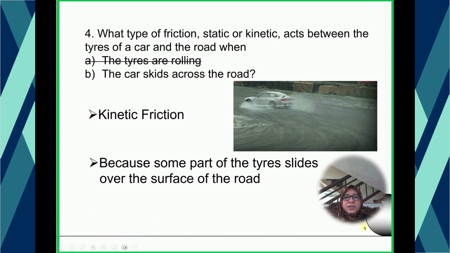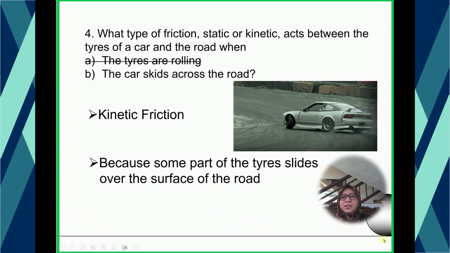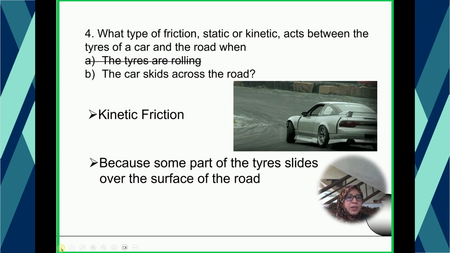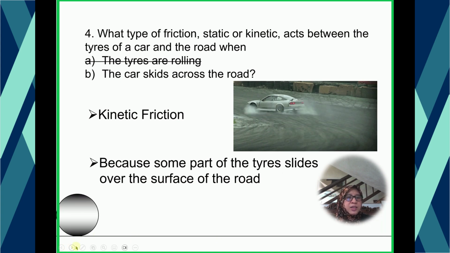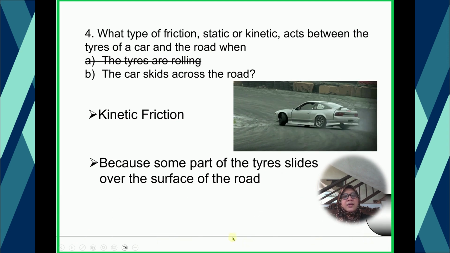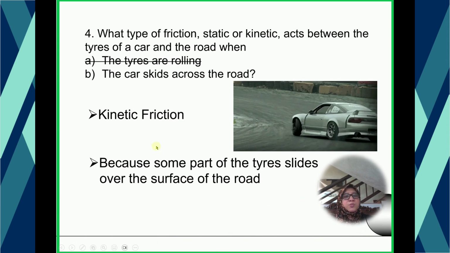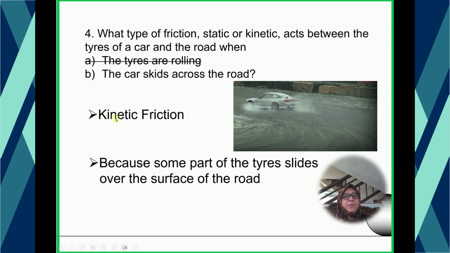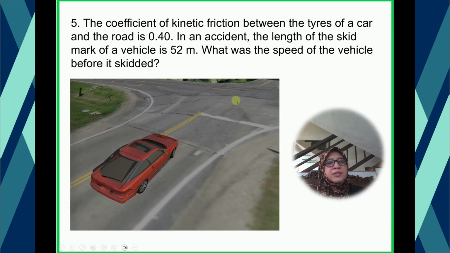It doesn't roll, so the surface between the two stays the same. I repeat the animation, so you see the surface between the two remains the same. And the object is moving, so there is friction between them. So this kind of friction is kinetic friction. Okay, so now we go to question 5.